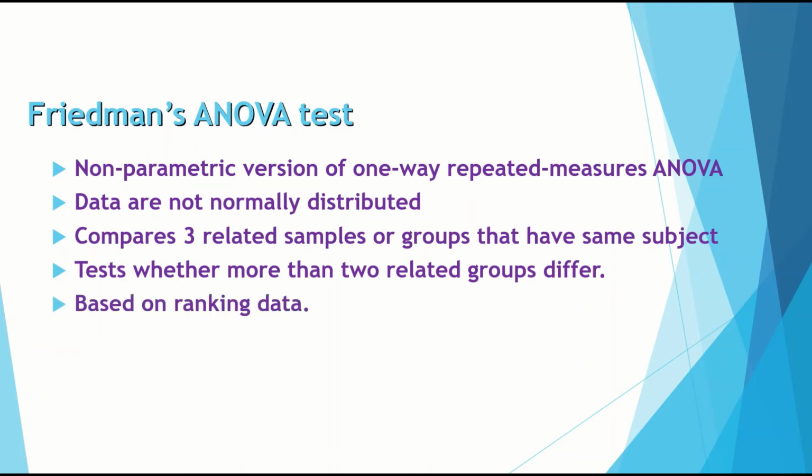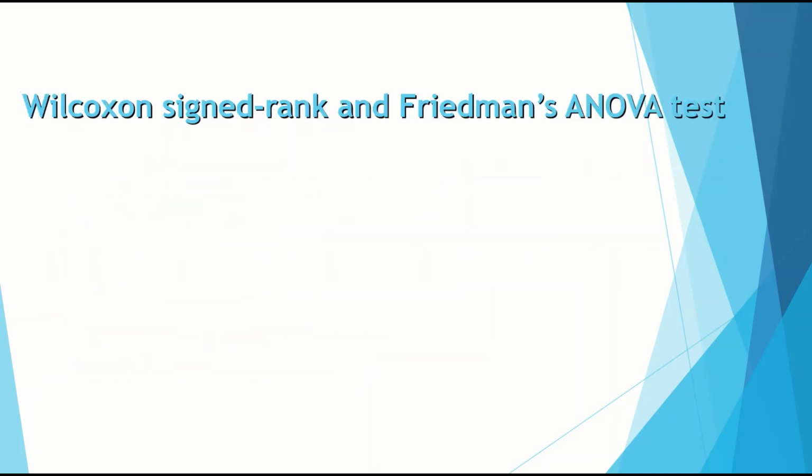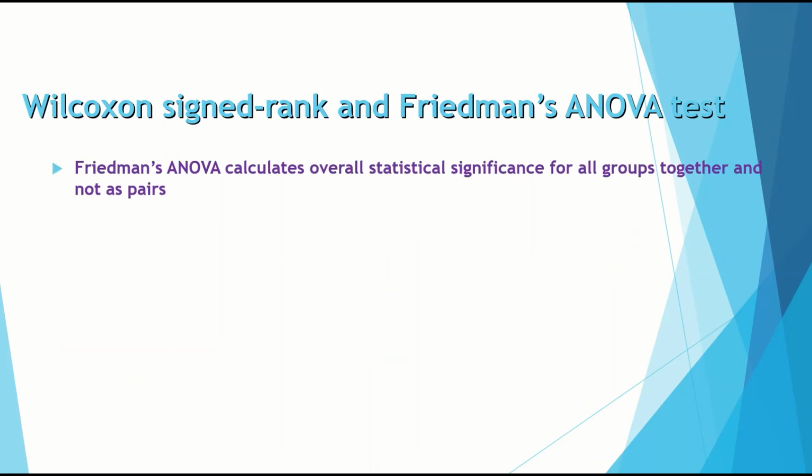Again, it's based on ranking data. The sample size has to be greater than 5 in each group to use this test. Variables are continuous. Now, Friedman ANOVA calculates overall statistical differences, significant differences for all groups together and not as a pair.